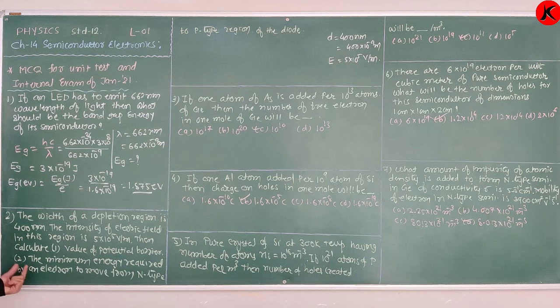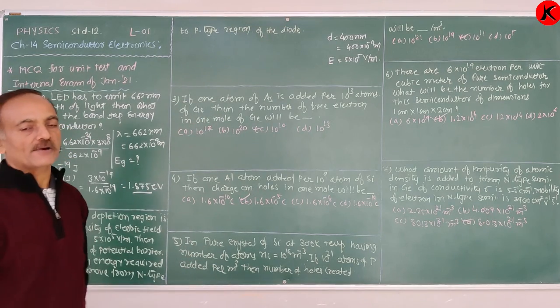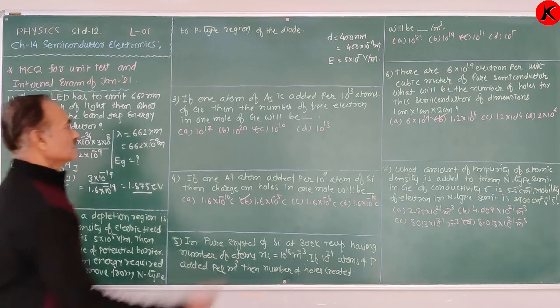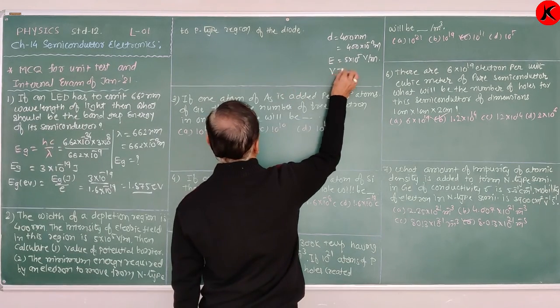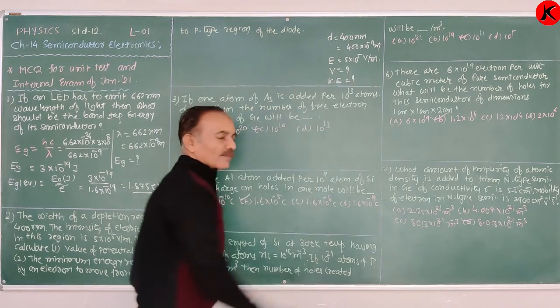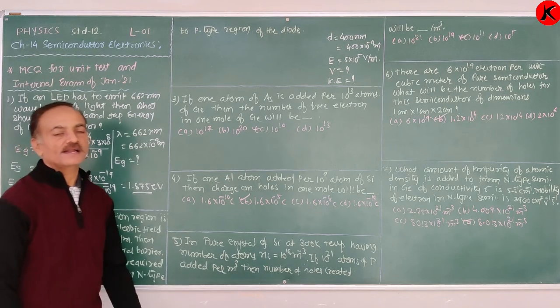And second is the minimum energy required by an electron to move from the N-type region to the P-type region of the diode. That means we require the minimum kinetic energy. So we require V and also the kinetic energy of an electron to move from the N-type to the P-type region of the diode.